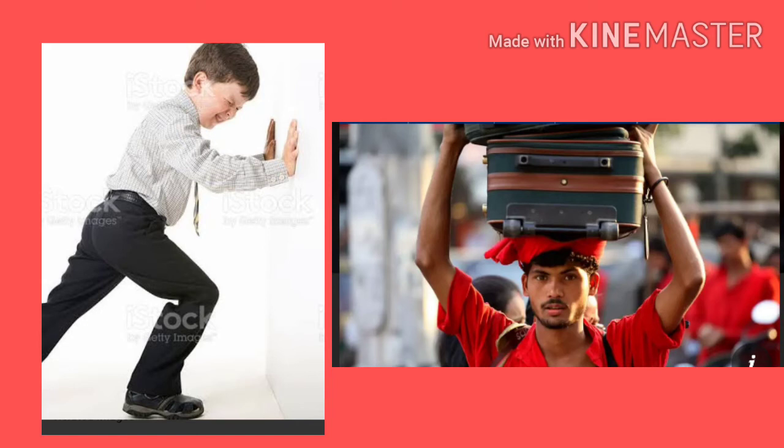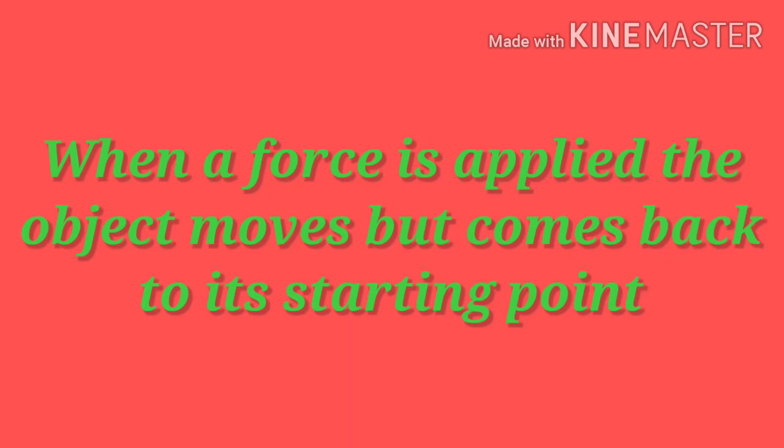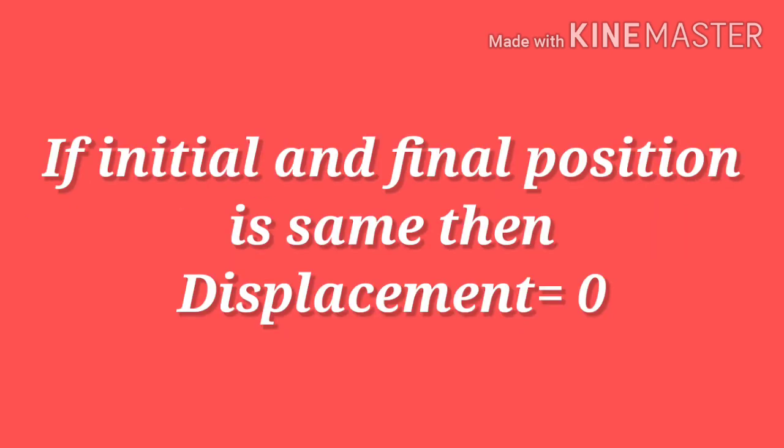The next situation is when a force is applied, the object moves but comes back to the starting point. Means force is applied on the object and it moves also, but it comes back to its starting point. In this situation, the displacement is zero.